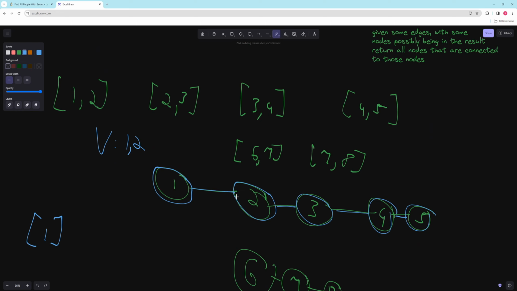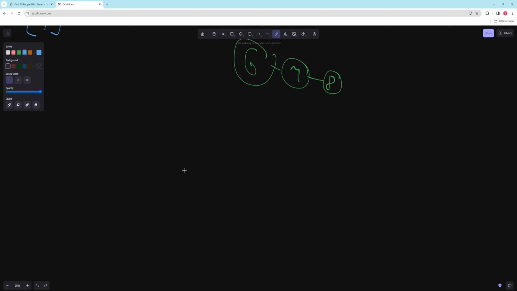And that's how you solve this problem. You just basically, for every single different time, in increasing order, you build a graph. You start with every single node that is in the result, and you just BFS. And in multi-start BFS, the code is literally the same as a one node start BFS, right? Because if you think about it, let's say we have a graph like this, 1, 2, 3.